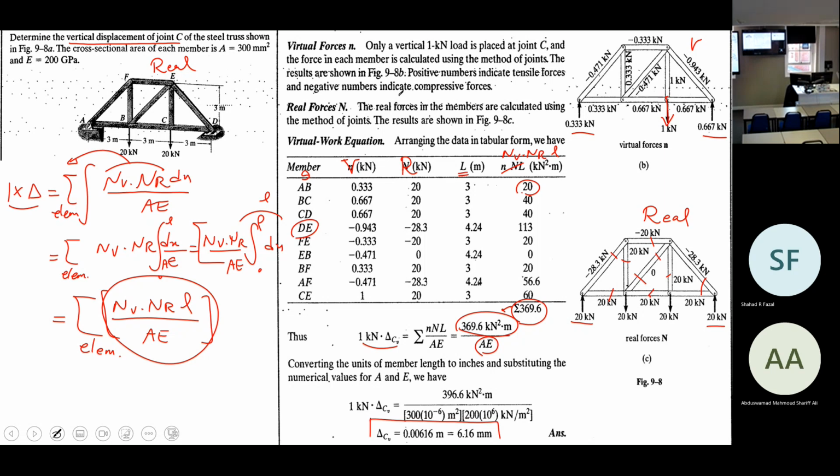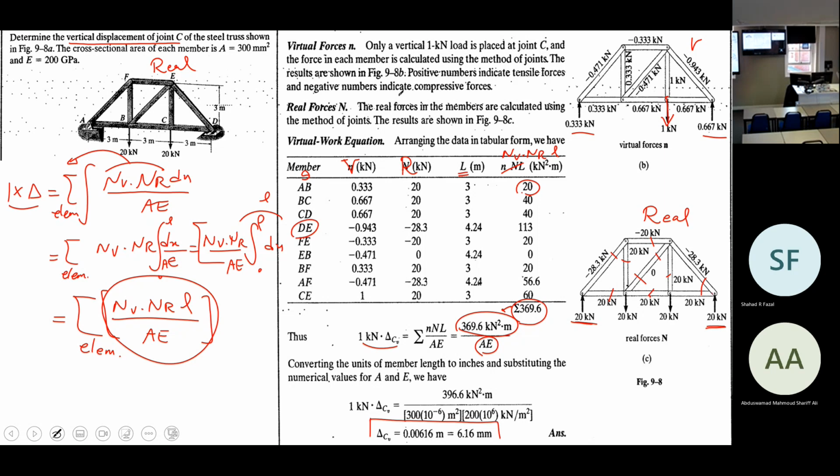For example, here, when you write the equilibrium equations, you come up with the two support reactions. You need to find the internal forces for different elements, and you need to start from some node.